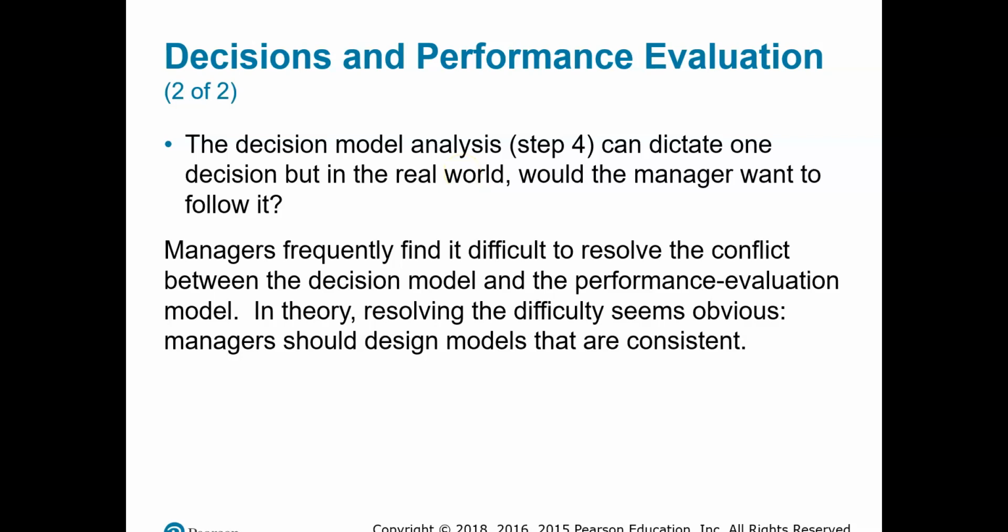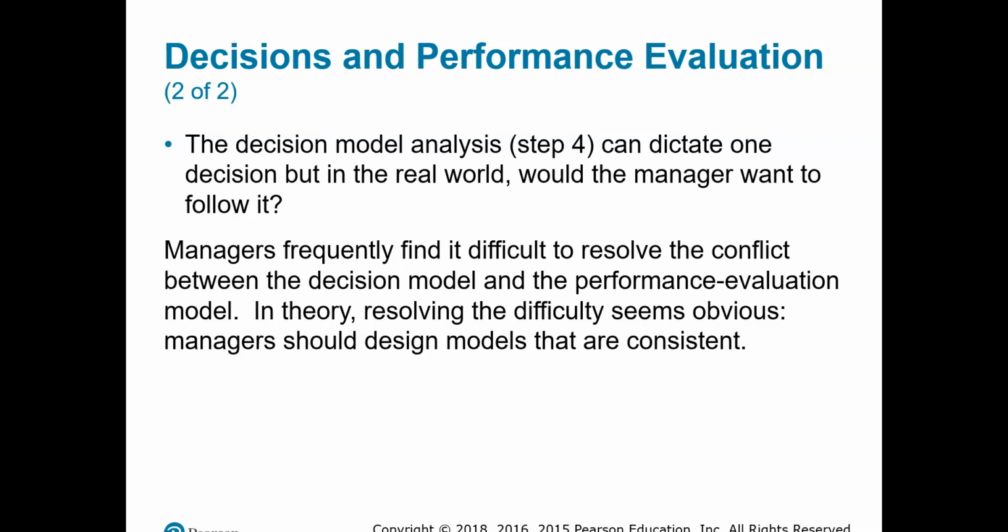And the decision model can dictate one decision, but in the real world, would managers want to follow it? This is an extension of that, because how do we use the decision model while we're also having a performance evaluation? In theory, the decision-making model and the performance evaluation model should be consistent.